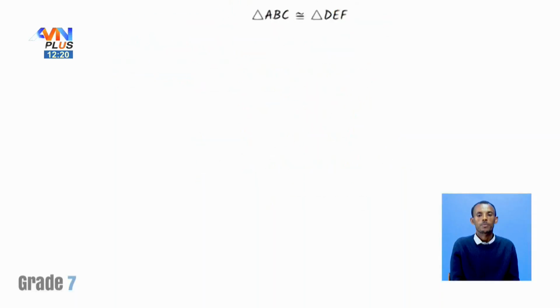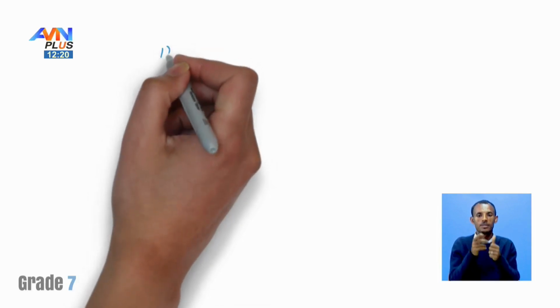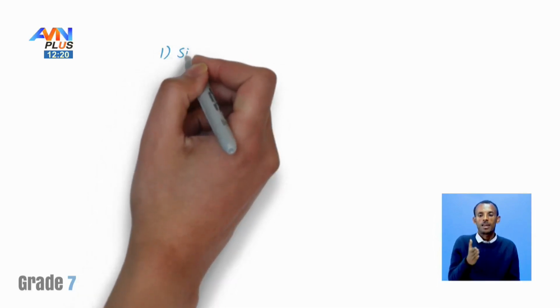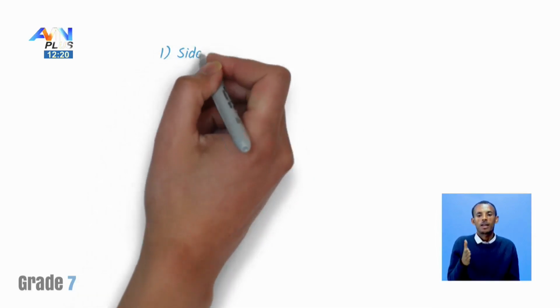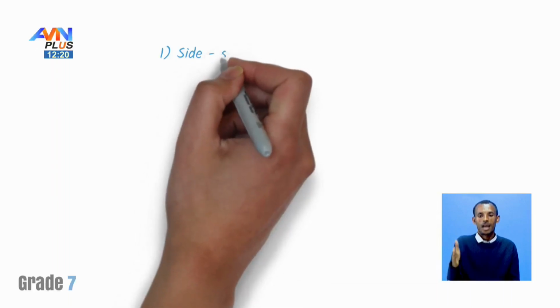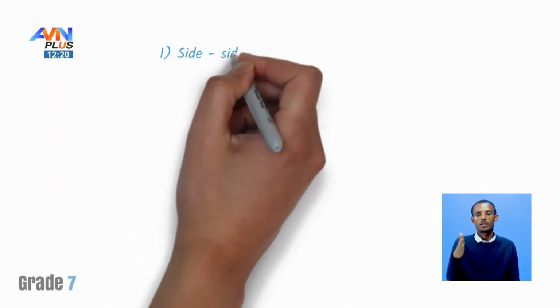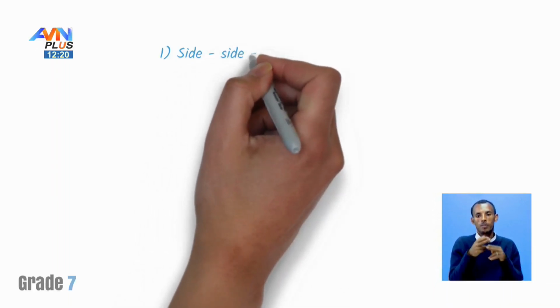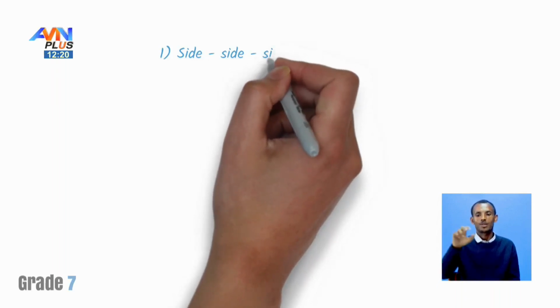Okay, the first one is this: side, or in short, SSS, congruency test.